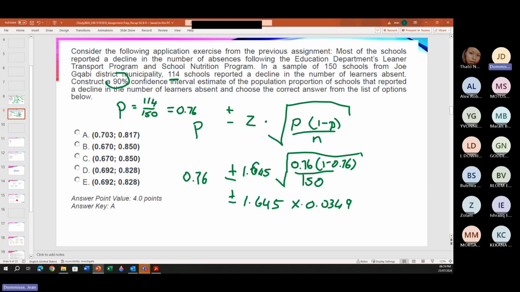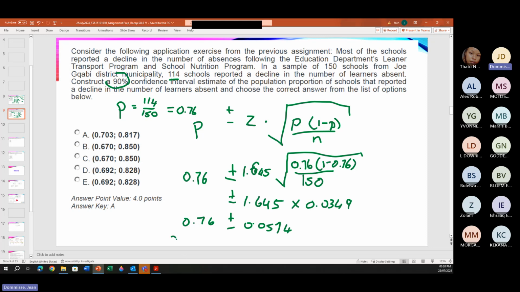So if I multiply those two out, I get that it must be plus minus 0.0574. Let's just see 0.76 plus minus that. So let's do the bottom one first.